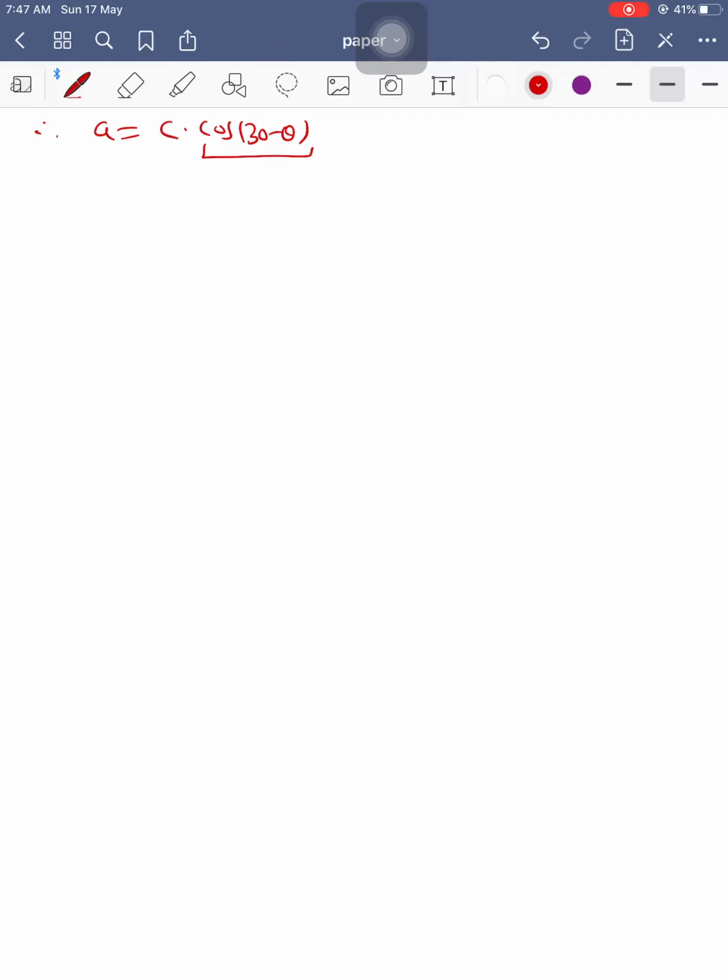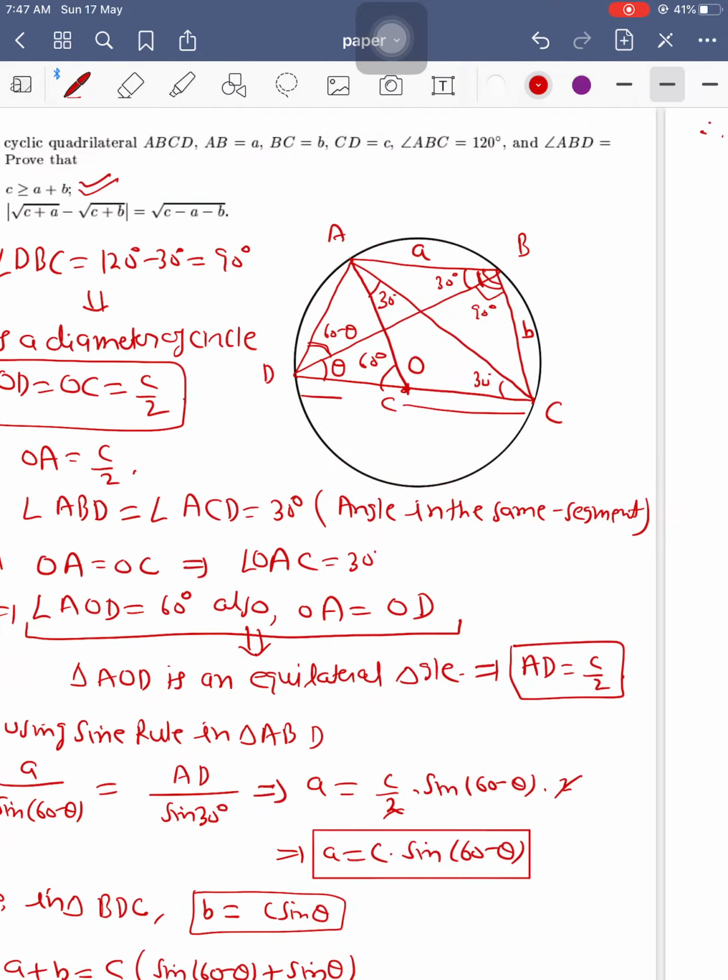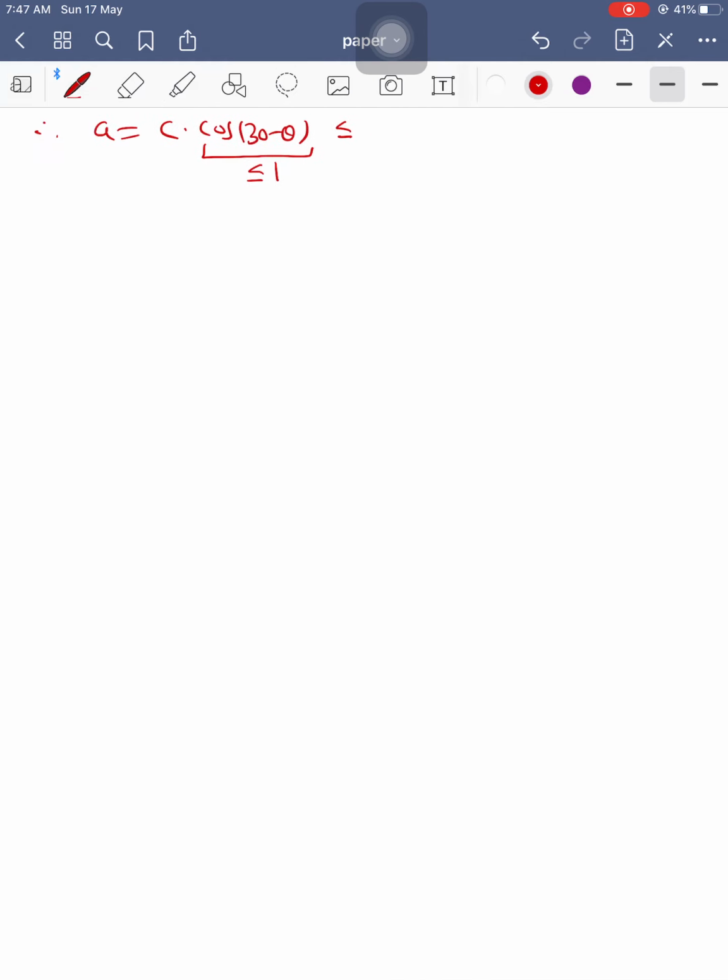And we know that cos of any angle is less or equals to 1. It means this whole thing, A plus B, cannot go beyond C. Finally, we have proved that C is greater than equal to A plus B.